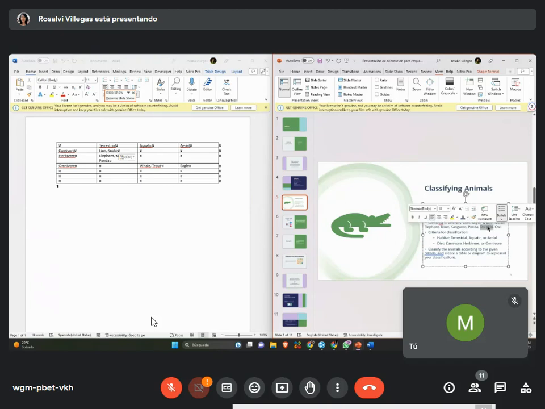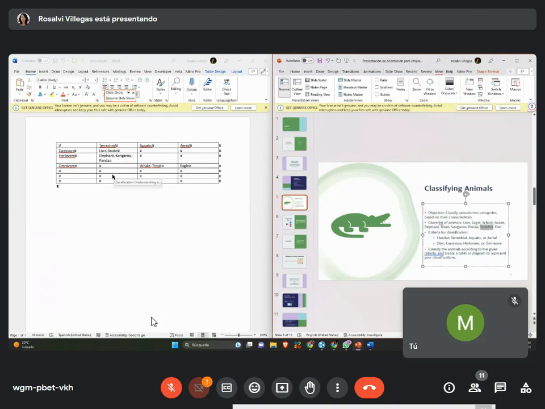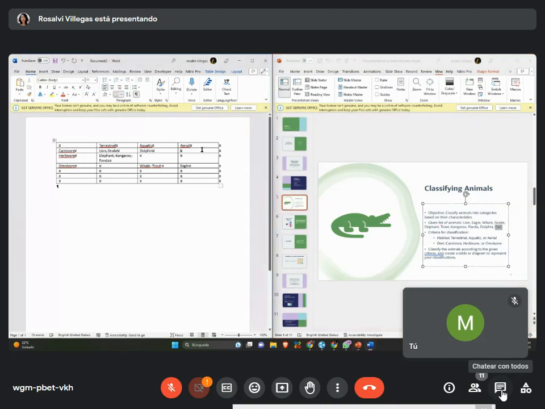Aquatic and carnivore. The owl? Aerial, and I think it's carnivore too. Okay, perfect.